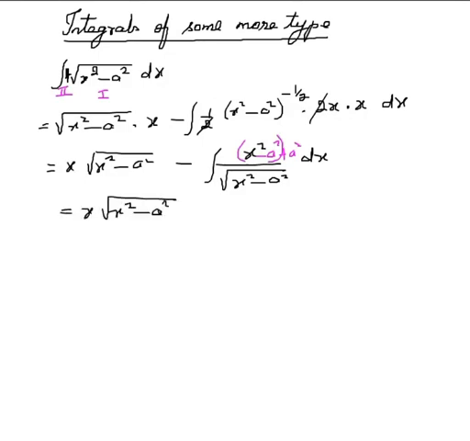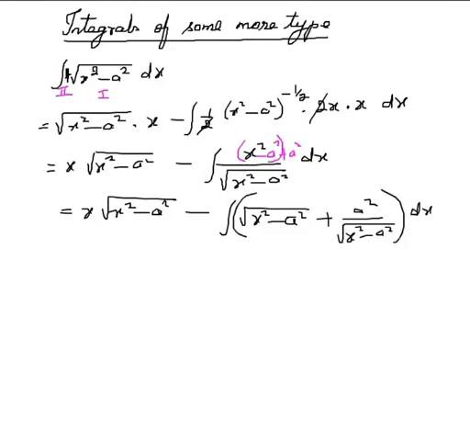X times root of x square minus a square minus, if you separate the terms, here the numerator becomes root of x square minus a square and this becomes a square divided by root of x square minus a square dx. On this side we have integral of root of x square minus a square dx. Here also we get the same term.